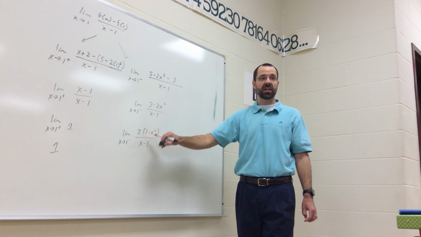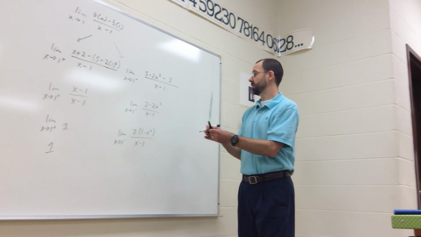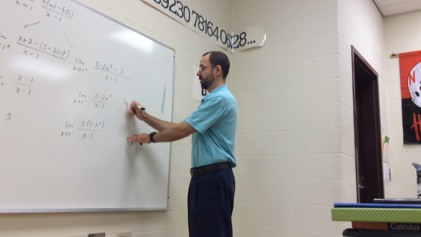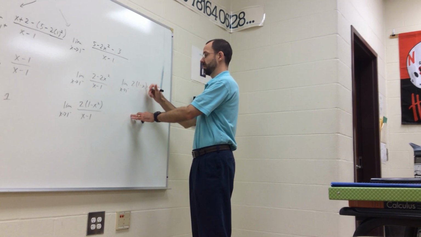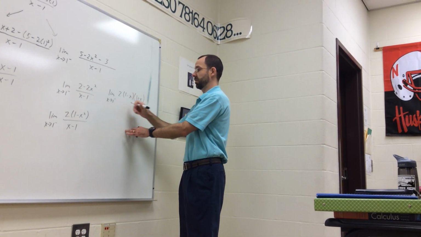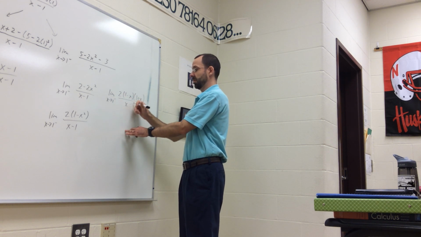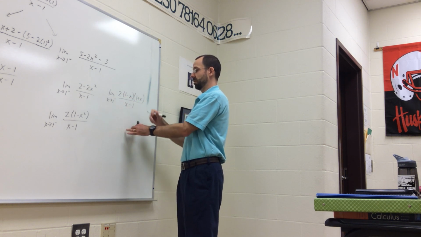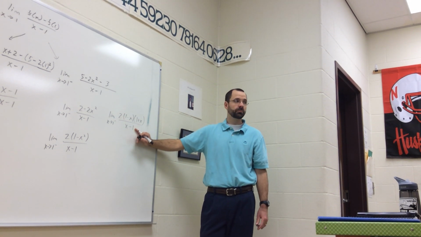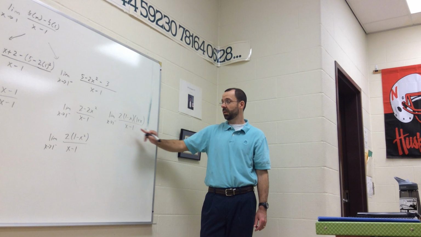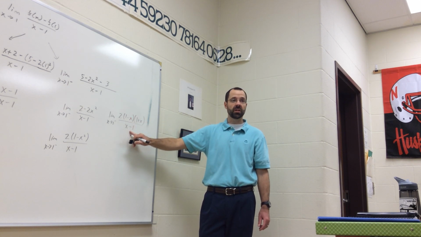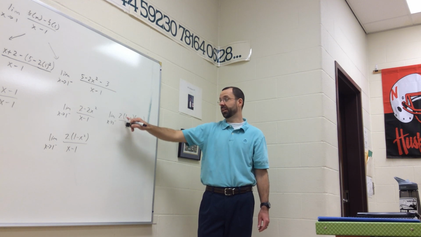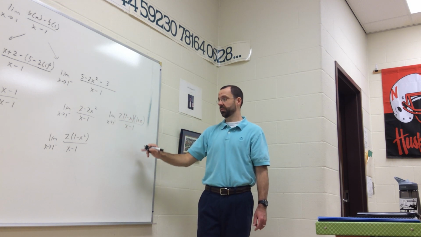So it factors into 1 minus x, 1 plus x. And then this is pretty close to that, right? This is 1 minus x, that's x minus 1. So if I factor a negative 1 out of that, I'll be able to cancel it.